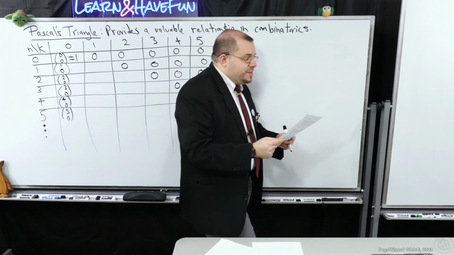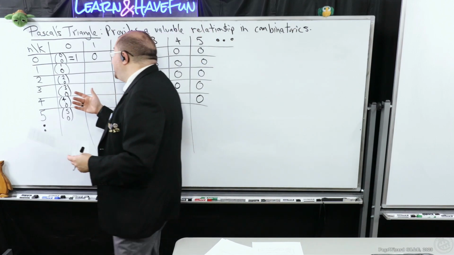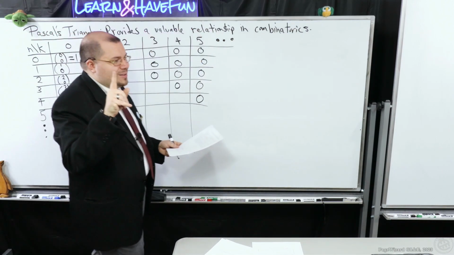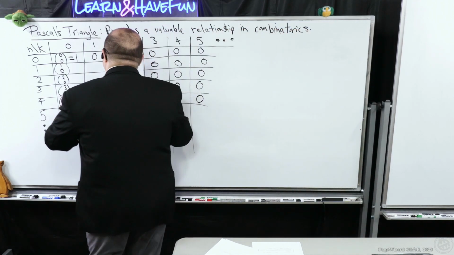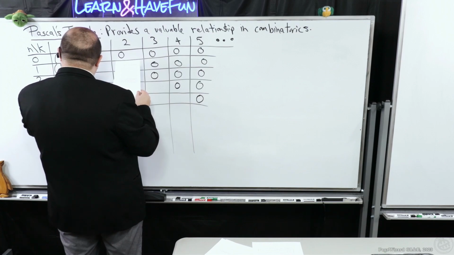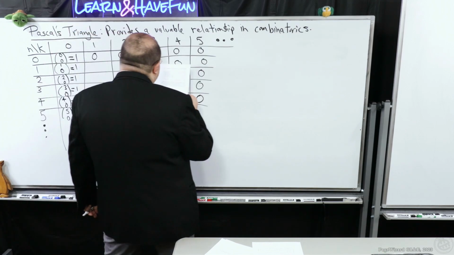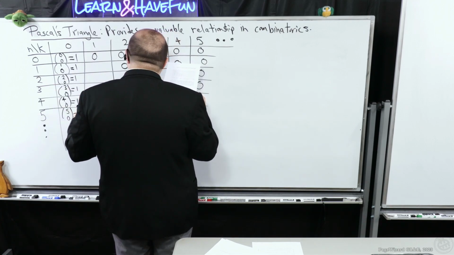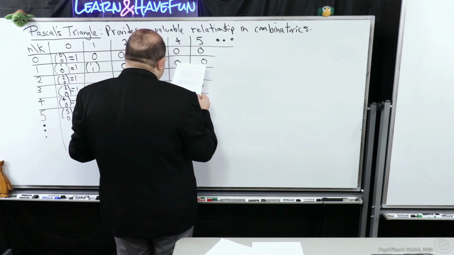So what should all of these be? Well, based on the same argument I gave you, I choose none of them. But there's only one subset that has no elements in it, right? It's the empty set. It's only one of them. So all of these will be 1, right? So all of those are 1s. Naturally, you can use our property we just talked about to figure out what this would be. What's 1 choose 1?